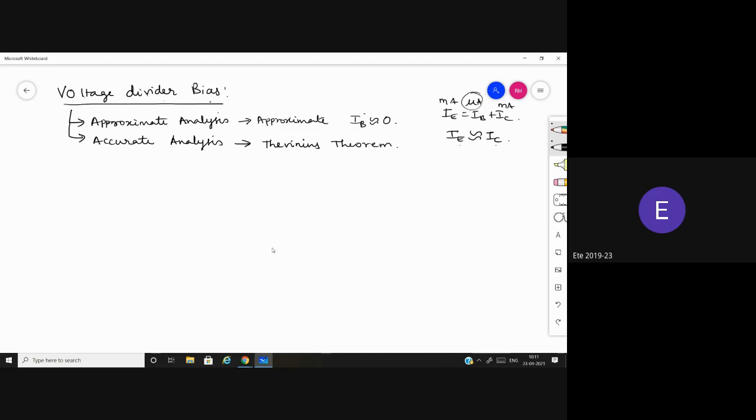But if the problem does not specify anything, you can apply either. If you want to apply approximate analysis, you first have to check the condition I mentioned. Only after checking that condition can we apply it. We'll see that at a later stage. So now we'll begin with the approximate analysis.